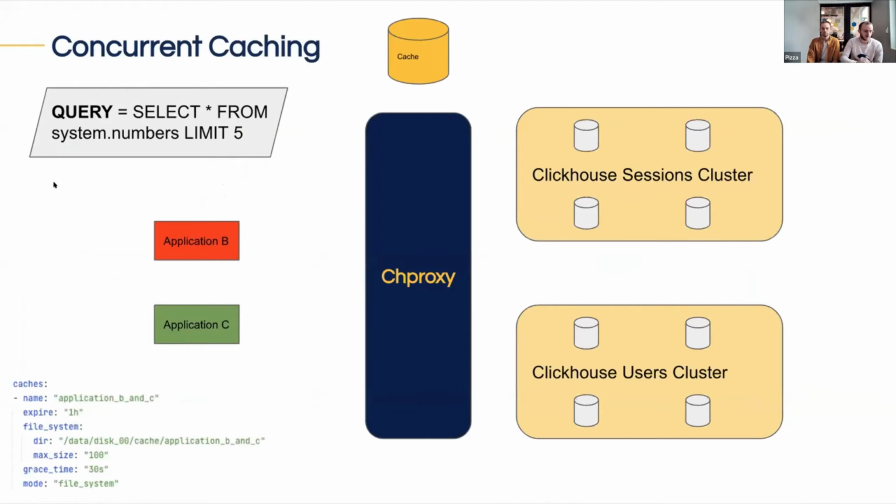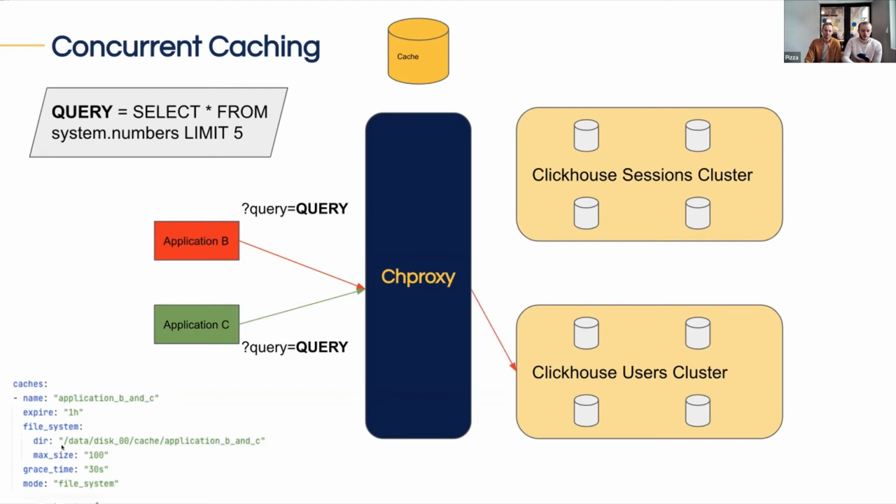Now, a fancy feature that comes with ClickHouse proxy is the concurrent caching mechanism. Let's imagine that we have the following scenario where two applications, B and C, execute the exact same query at the exact same time. What will happen is that Chproxy, in order to save resources on our ClickHouse cluster, will only forward one of the queries. Now, two things may happen.